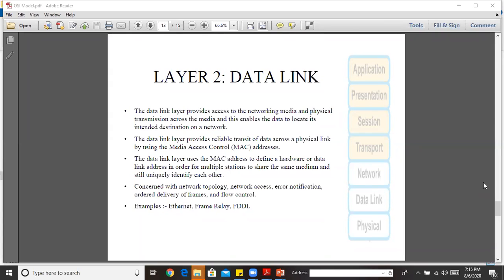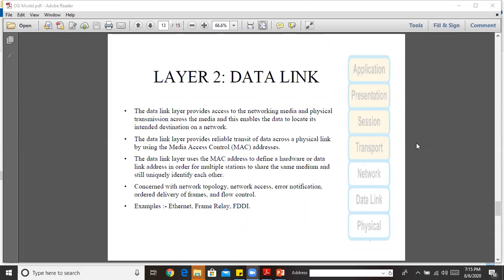There are two sublayers within the data link layer: the MAC layer and the LLC, logical link control. MAC stands for media access control.